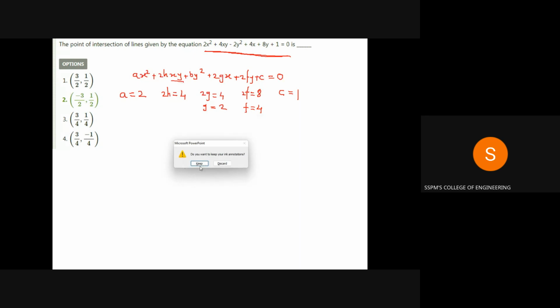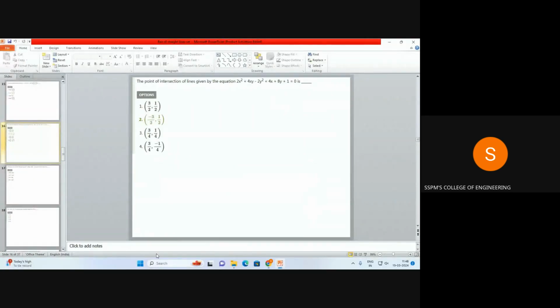So again I will write the coefficients. a was equal to 2, h is equal to 2, b is equal to minus 2, g is equal to 2, f is equal to 4, and c was 1.